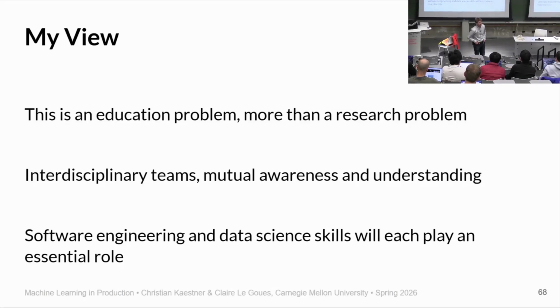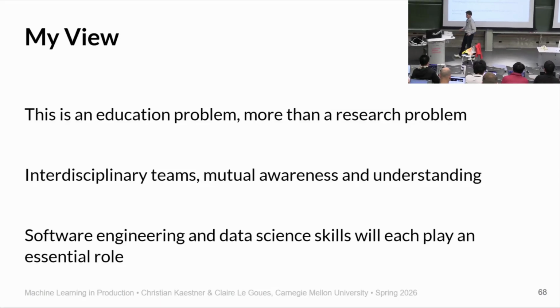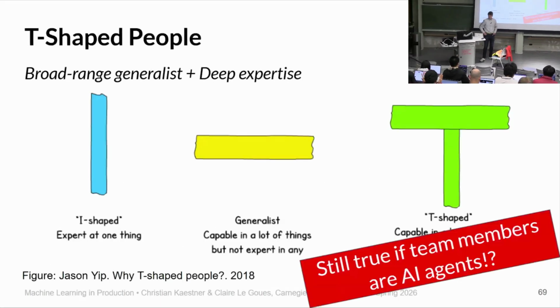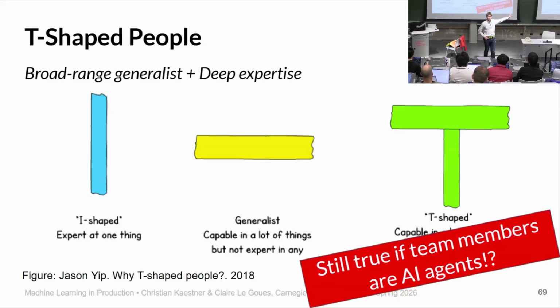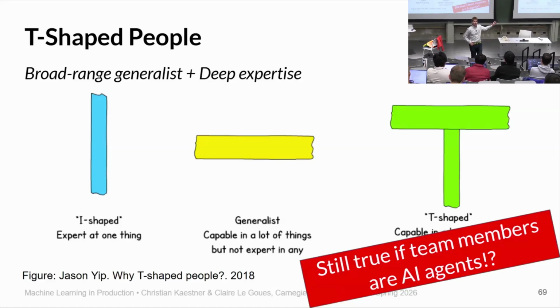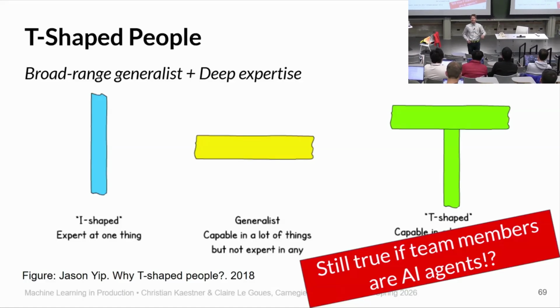I still don't think we can have unicorns, people who know everything, even with an agent. And so I still believe, even with AI agents, that this is still the right way to look at the world, right? You want to have expertise in some area, but you need to know enough about other areas that you know how to talk to people, or that you know what prompt to write to an agent, right?